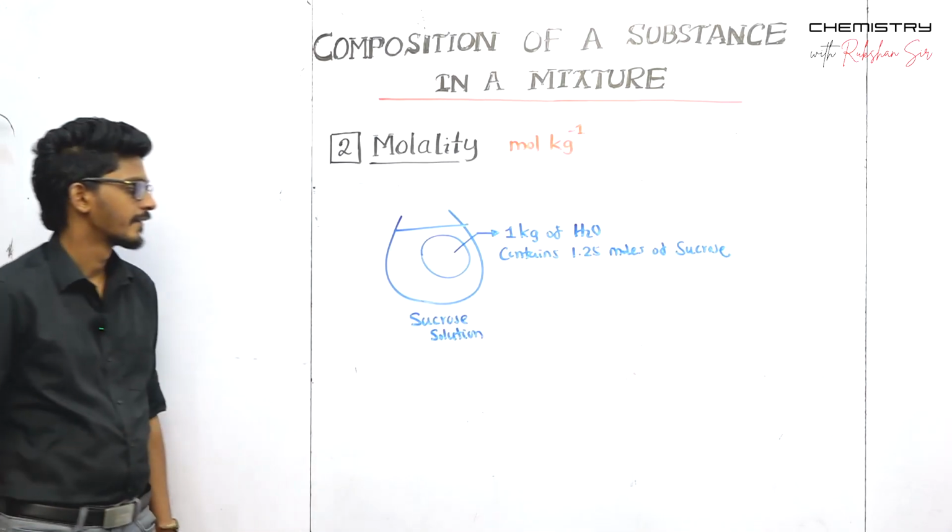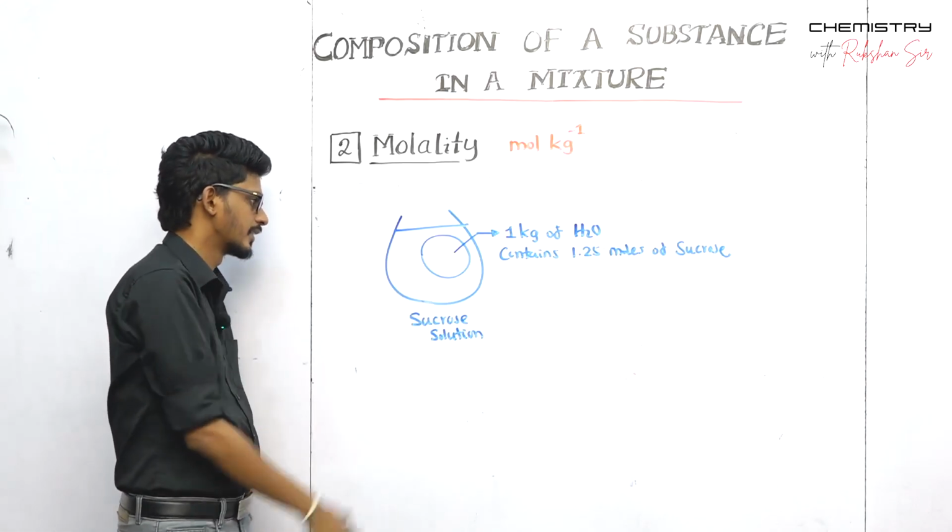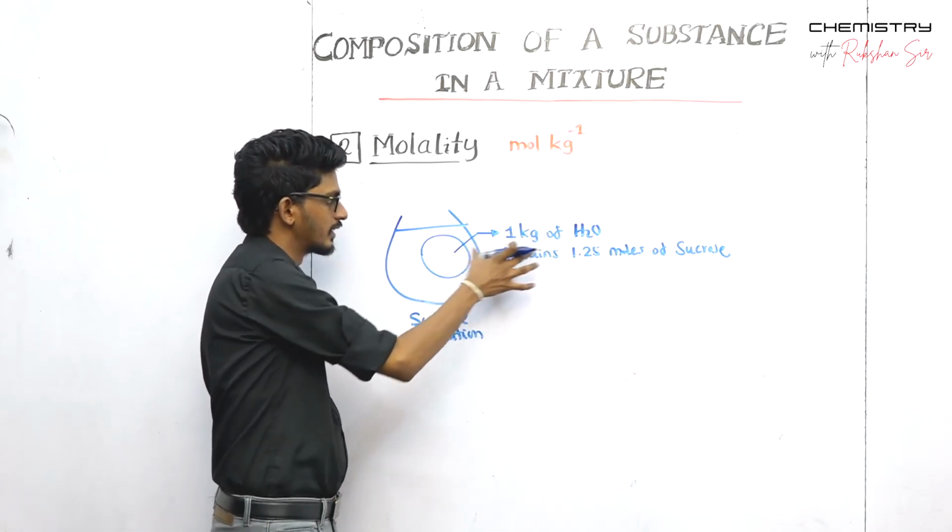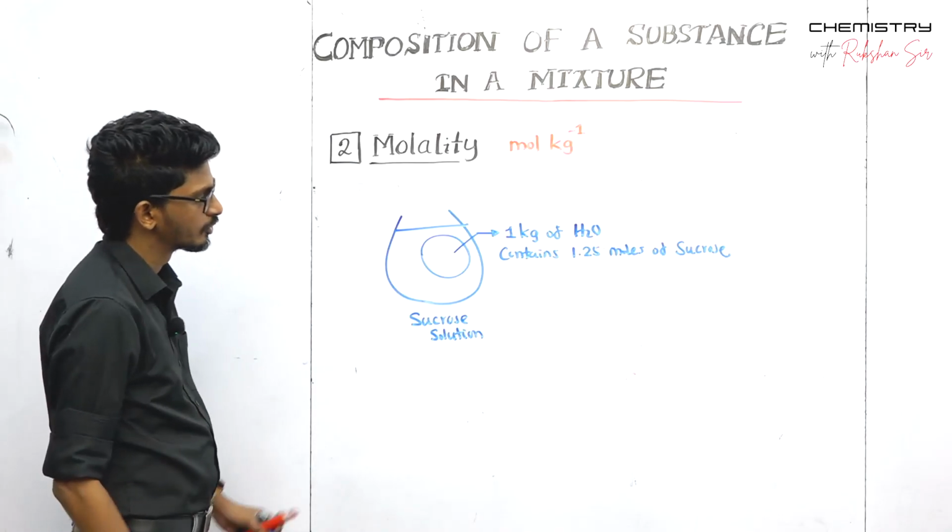So you have a sucrose solution where 1 kilogram of water contains 1.25 moles of sucrose.